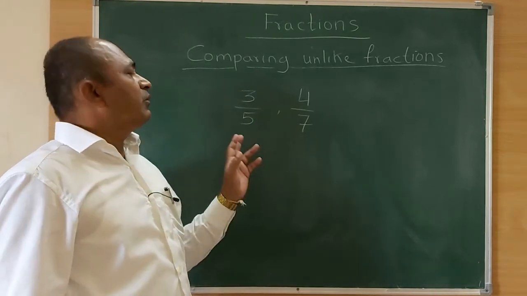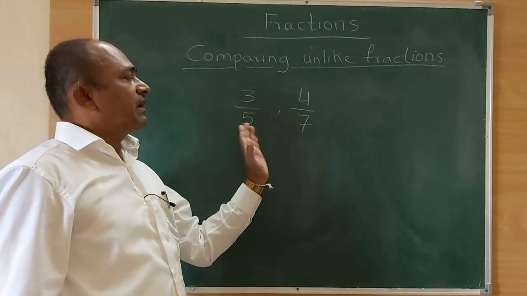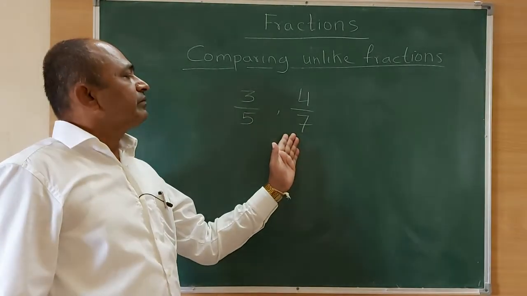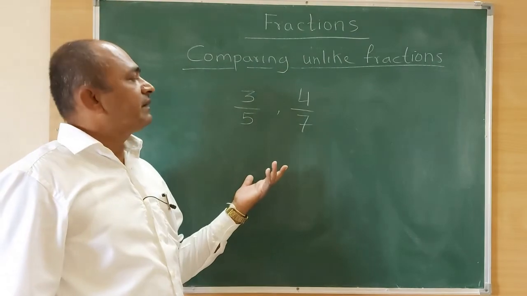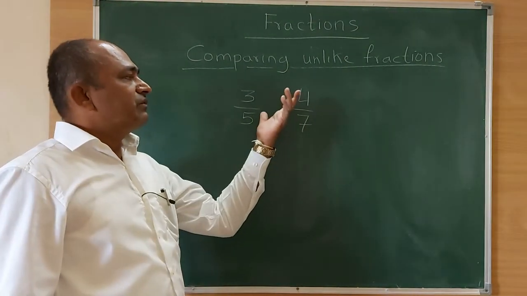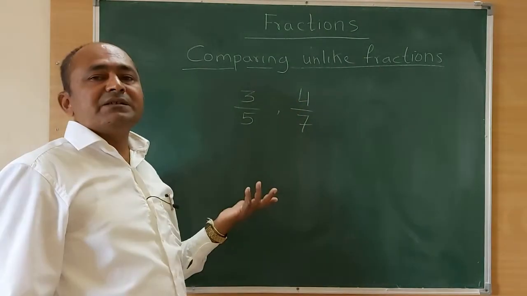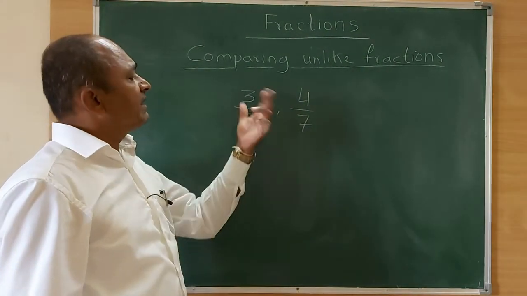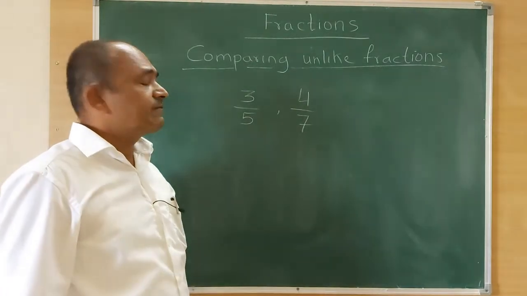Now we have seen how to compare fractions which are like fractions, means if their denominators are same. In that case, the fraction with greater numerator is the greater fraction. But here the fractions are not like fractions.